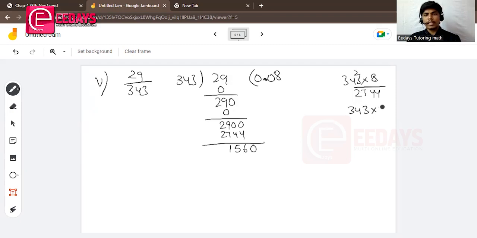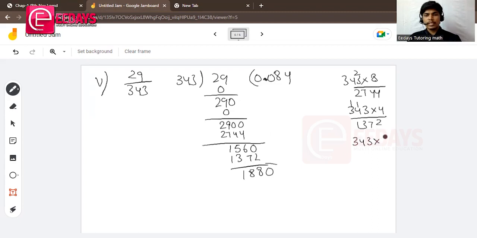Now 343, 1560. Let's try with 4. So 4 threes are 12, 16, 17, 12, 13. So 1372. All right, so with 4. 1560 minus 1372, so you'll get 188. And the point is there, you can put 0. 1880. 343.